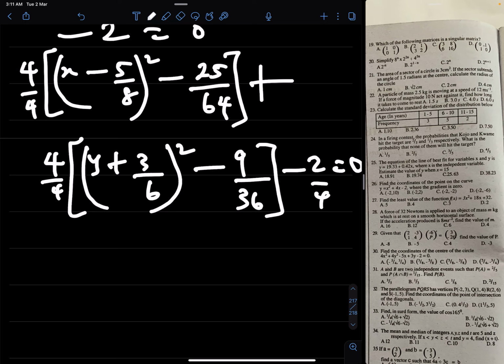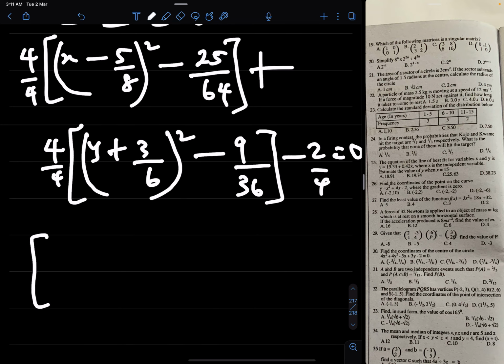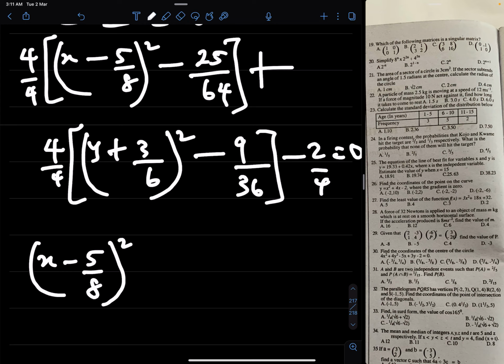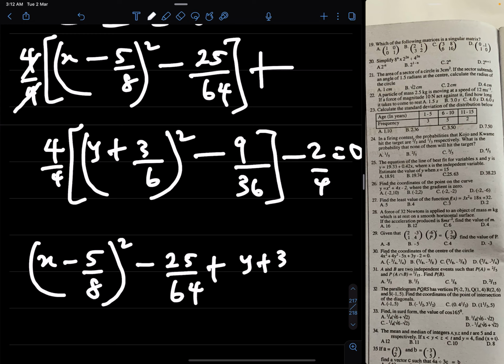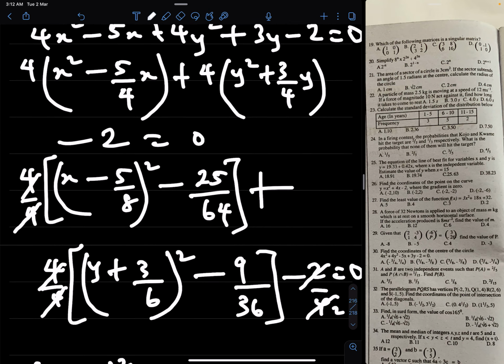So that means what I'm going to have is x minus 5 over 8 all squared minus 25 over 64 plus, I'm dividing through by 4 now, y plus 3, because this 4 will cancel this 4, this 4 will cancel this 4, 2 here 1, 2 here 2, so I'll have y plus 3 over 6. I hope my 3 over 6 is correct.